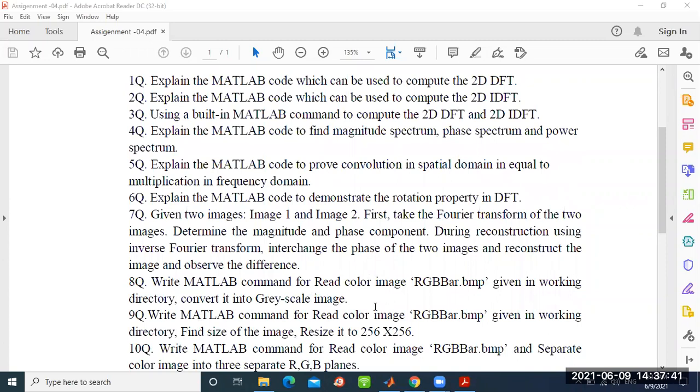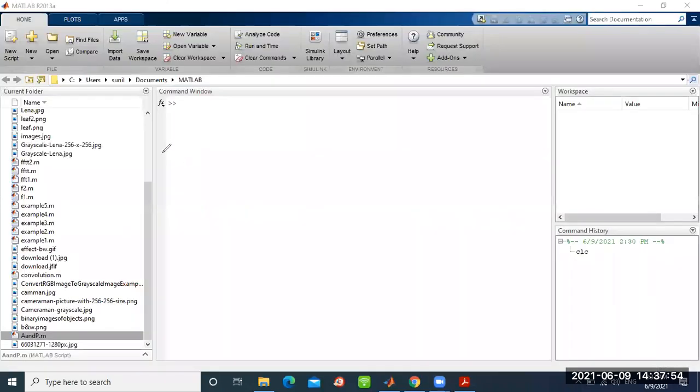Fine. So let us start. Before starting, let me explain once again what we mean by DFT. Suppose f of x is a given signal.